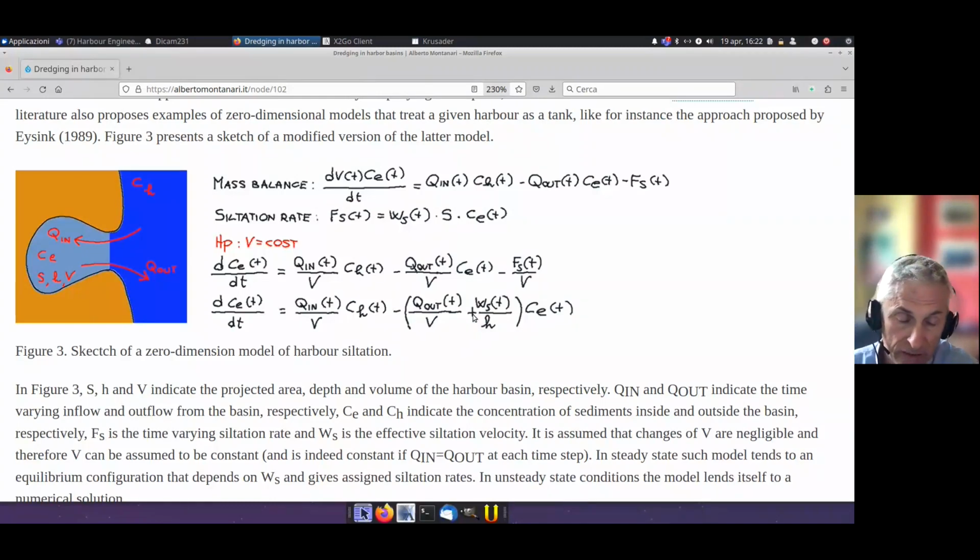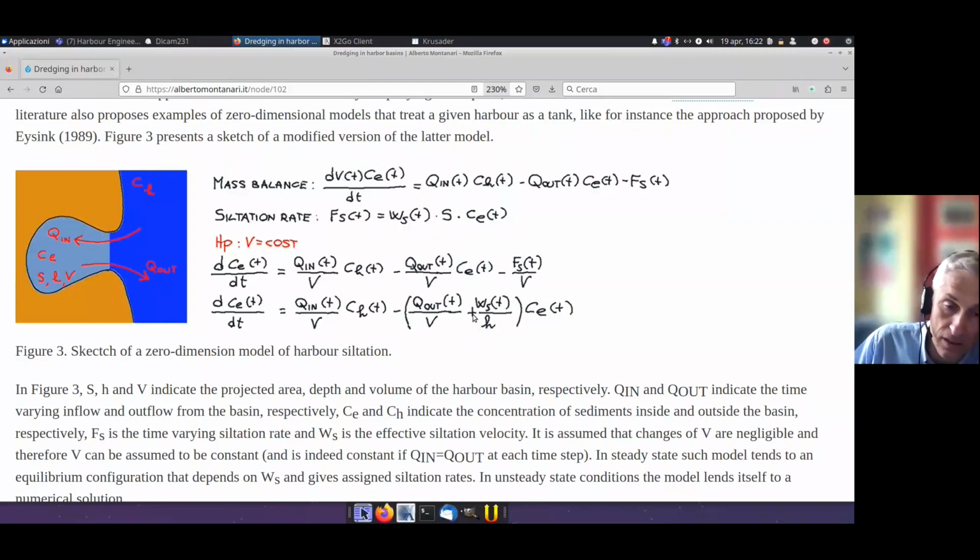So finally, we get that the change over time of the inside concentration is given again by the inflow divided by volume times the outside concentration, minus the inside concentration, which multiplies the outflow divided by volume plus the siltation velocity divided by the depth.